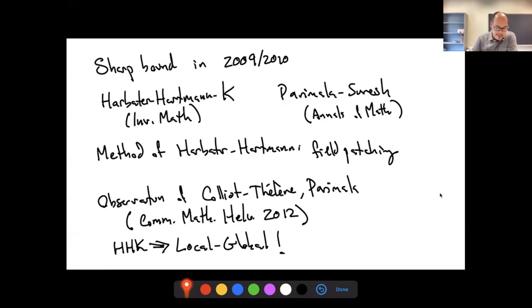The method that we used involved a construction that Harbater and Hartmann had developed a few years prior, called field patching.